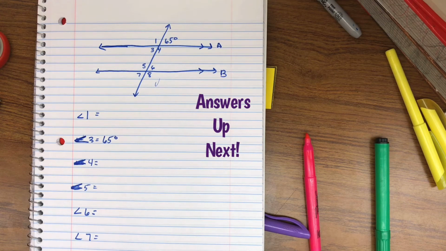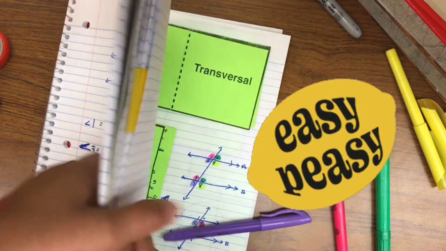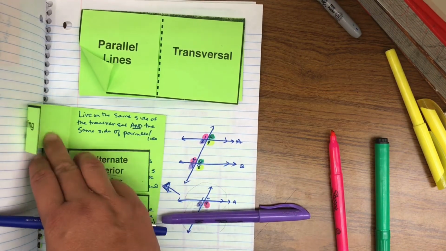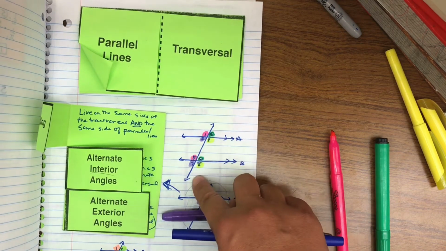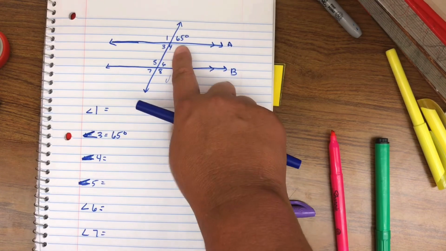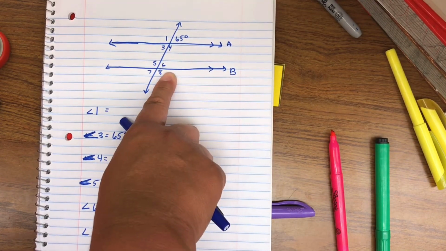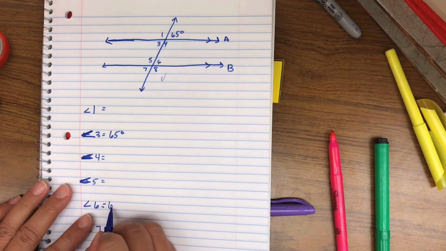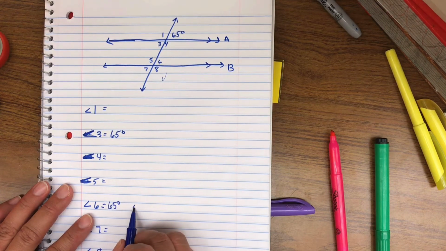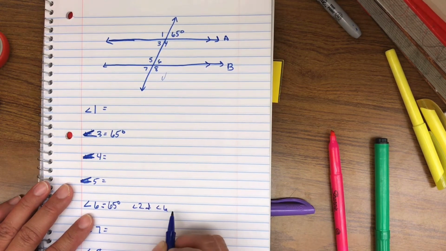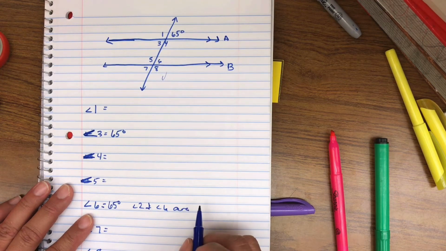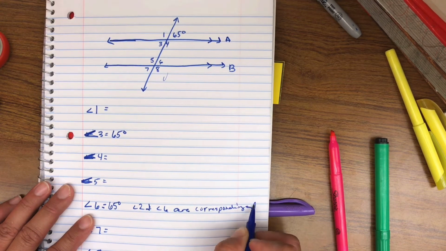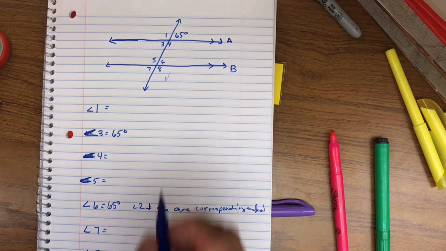If I were you, I'd definitely do the easier ones first, right? If you already know corresponding angles, remember, corresponding angles are those angles that live on the same side of the transversal and the same side of the parallel line. So if number 2 is 65, we automatically know that 6 is 65 degrees, because angles 2 and 6 are corresponding angles, so we know they are congruent.